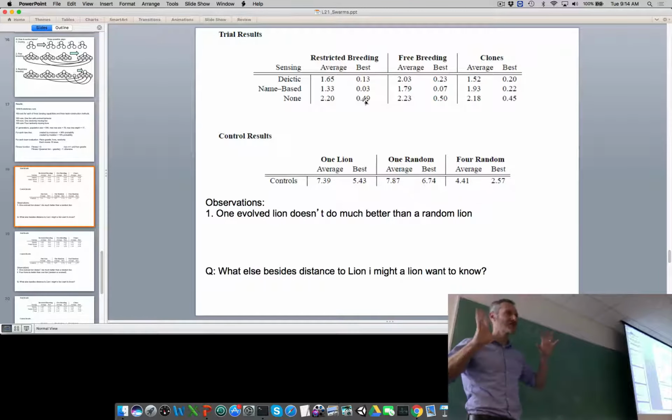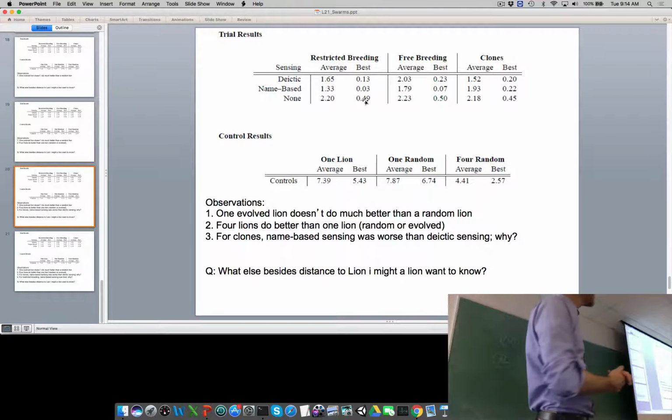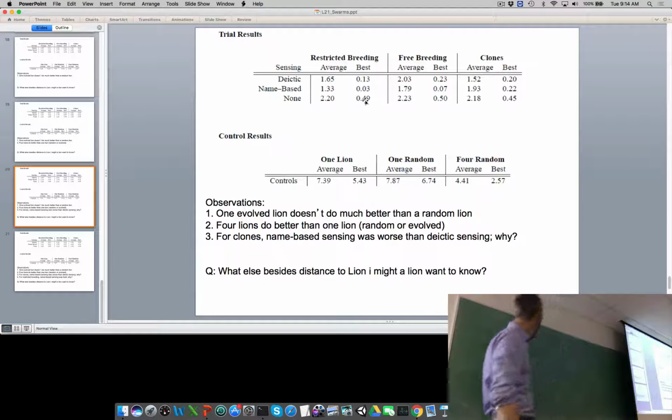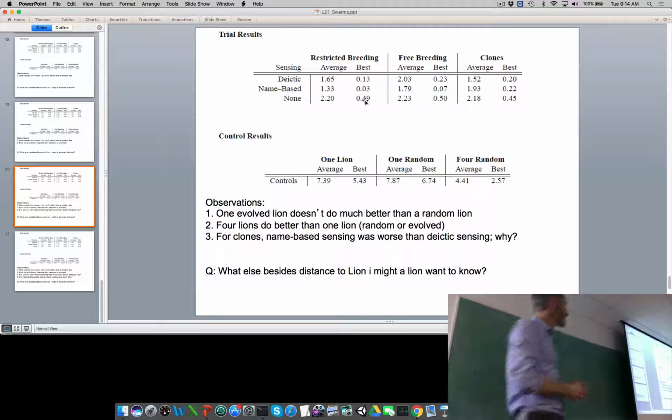So evolution can still diversify the behavior of the lions, maybe in a good way, right? Maybe we managed to all circle around the gazelle because we're all moving based on what our right-hand neighbor is doing, possibly, right? So there start to be these interesting interactions between the way in which we're evolving intelligence for the team and the way we force the team to see the world, either in absolute terms, in name-based sensing, or deictic sensing.